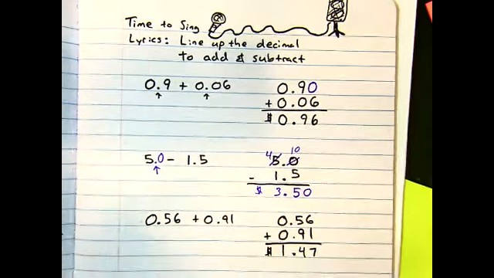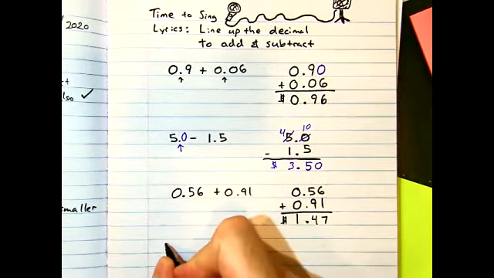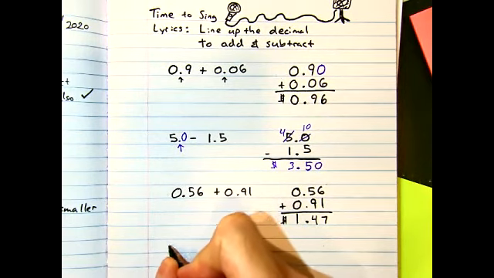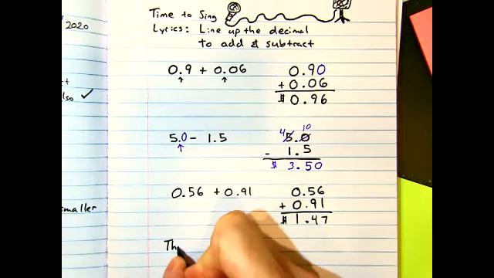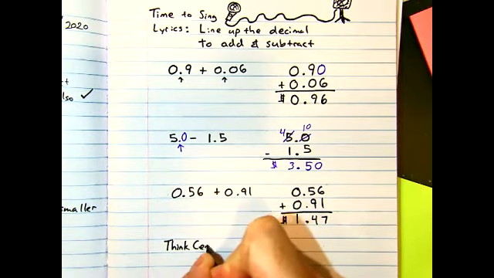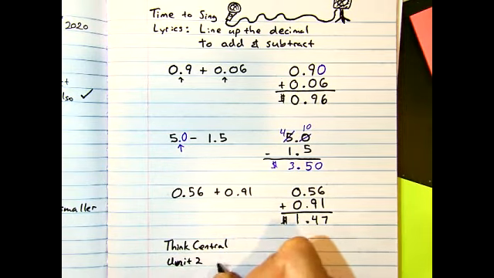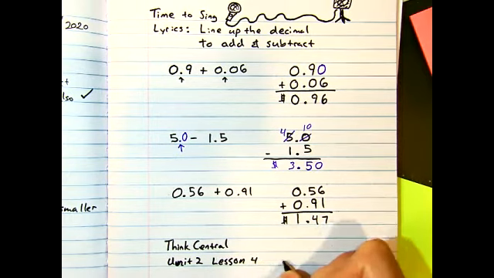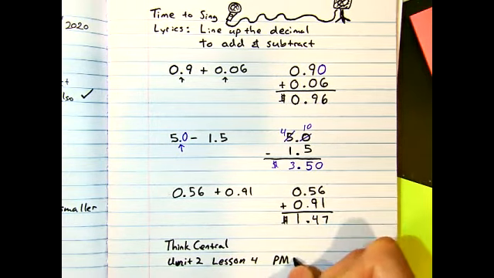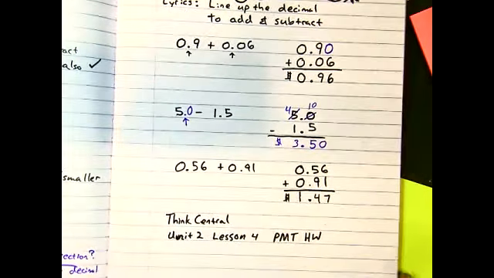All right. Well, I'll tell you what, room 19, you are going to see some digital homework that we'll do during class today. So it's going to be Think Central, Unit 2, Lesson 4, PMT Homework. Such a long title.